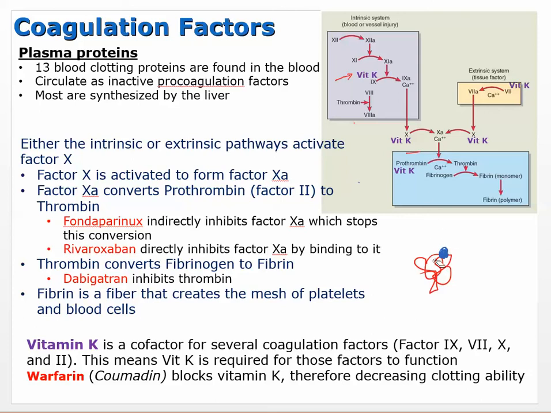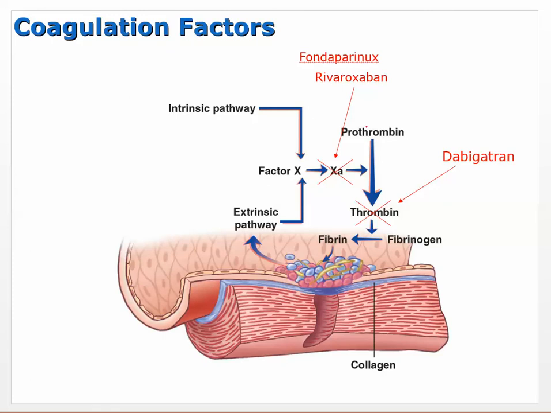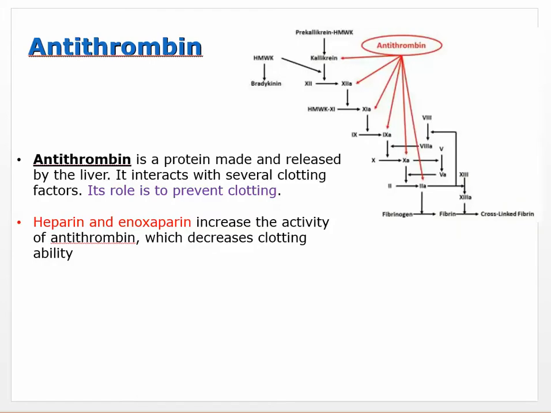Well, vitamin K is that cofactor for about 4 of these clotting factors. So there's another drug, warfarin, which blocks vitamin K. So if vitamin K can't bind to these factors and activate them, then they remain inactive. So that's the mechanism of warfarin. So we can see here are the mechanisms just of those first three. It's just a different kind of picture you can look at.